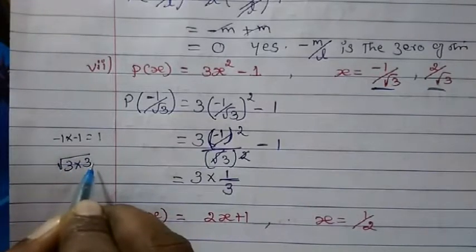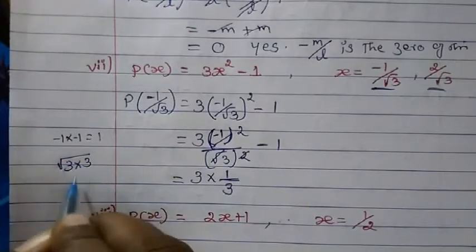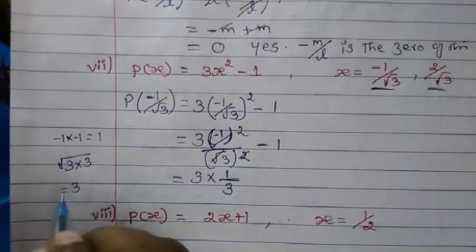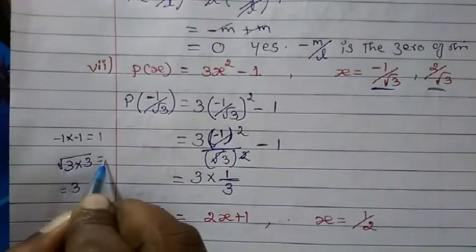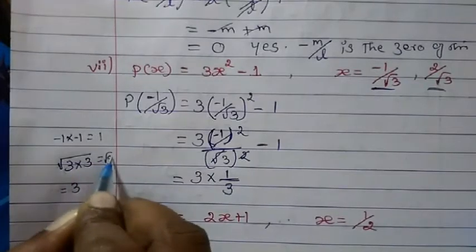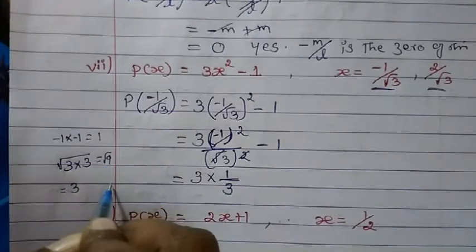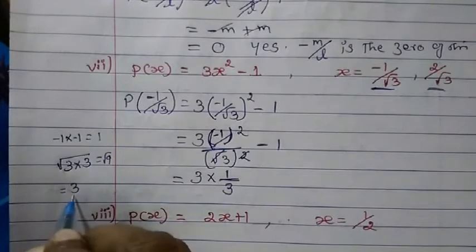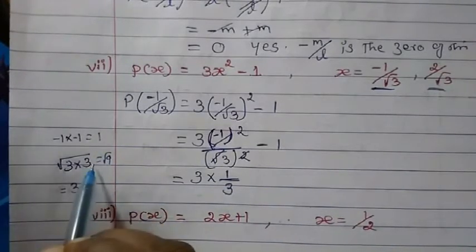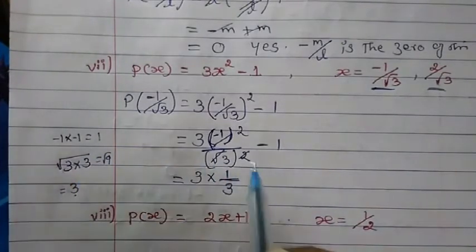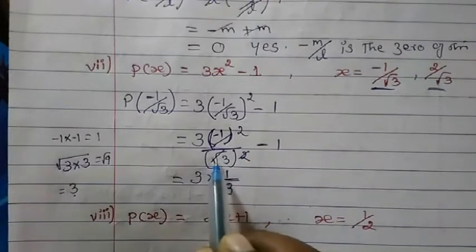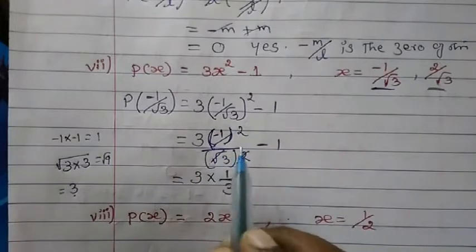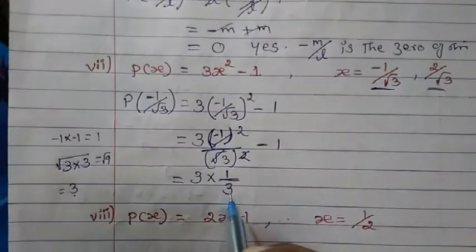When a pair is there, we can bring one out. The meaning of this is 3 into 3 is 9, so when you take it out, the perfect square root becomes 3. Or you can understand this way, that when the square is cancelled, the root also gets cancelled. And so we get 3 here.